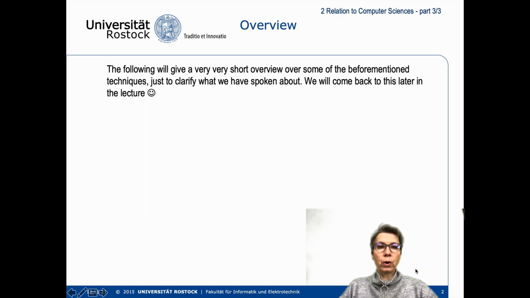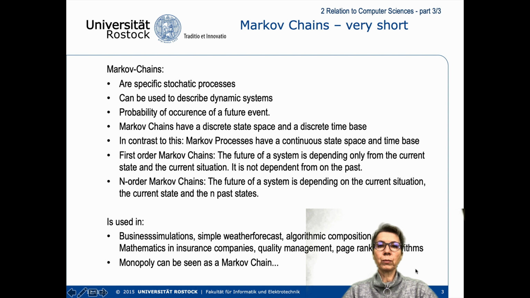As mentioned before, I will give you a very short overview of these techniques just to clarify what we have spoken about. And partly, like neural networks, we have techniques which will be investigated a bit closer in the coming lectures. Let's start with the term Markov chains.